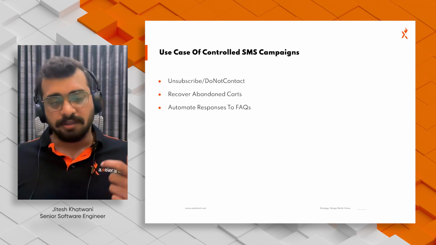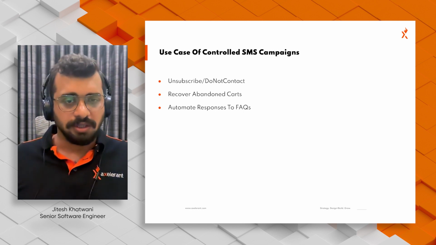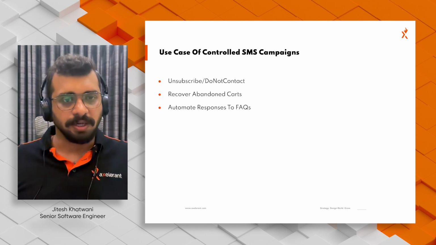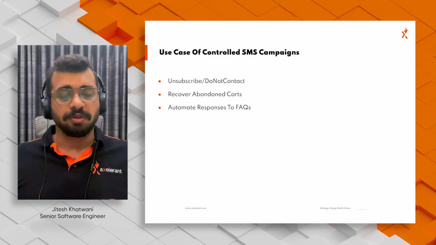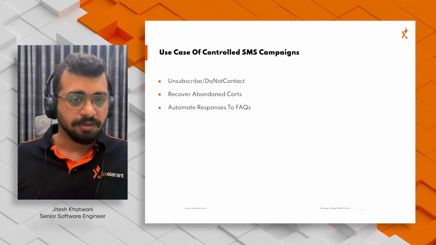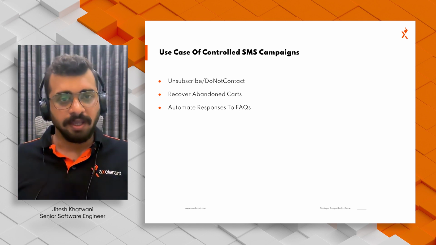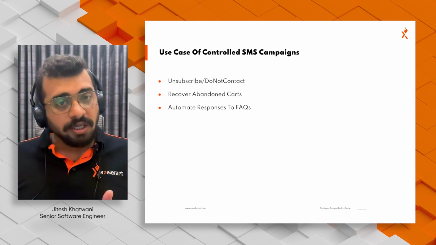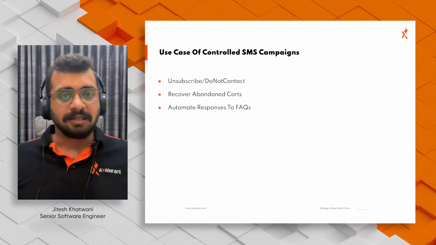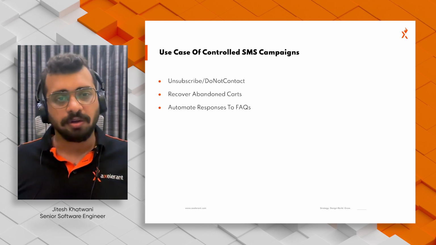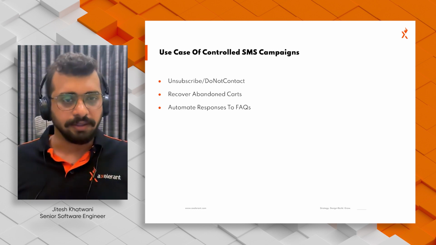This comes out of the box with Mautic itself in its SMS bundle. As soon as a contact replies with stop, Twilio will act and unsubscribe that particular user, and Mautic will also do its own part. There is logic to get that particular contact listed under do not contact.